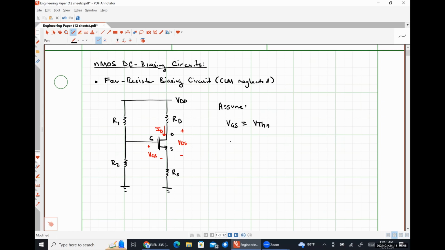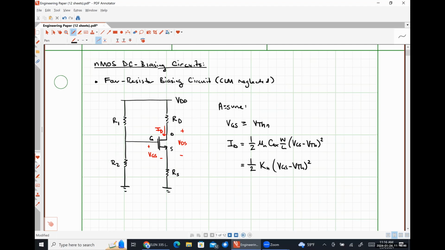And then we're also making the assumption that our drain current ID is of the form 1/2 mu n Cox W over L times VGS minus VTH squared, or 1/2 Kn times VGS minus VTH squared, where Kn is mu n Cox W over L. And we'll see with the algebra that carrying all of this through is going to get wildly annoying.